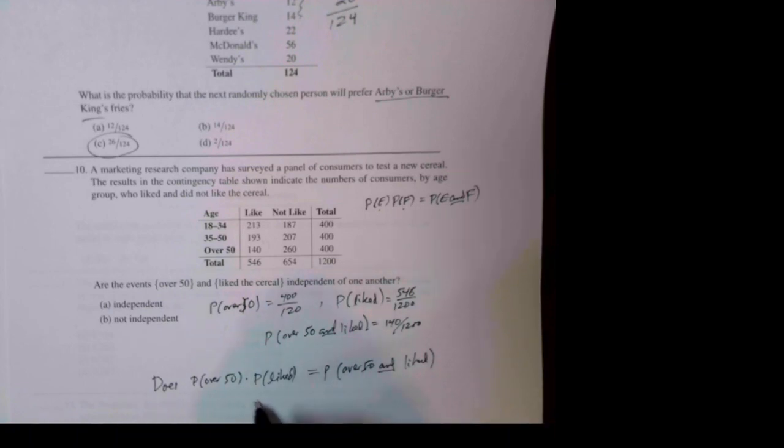And if you compute these, you will find no. So these events are not independent. Just compute both sides of this and you'll get two different numbers. These events are not independent.